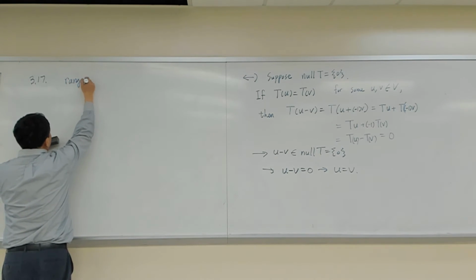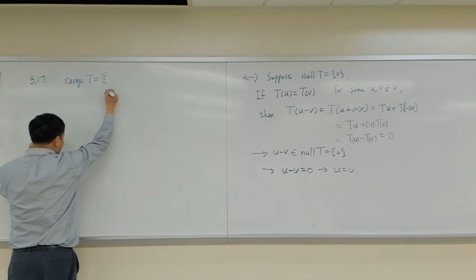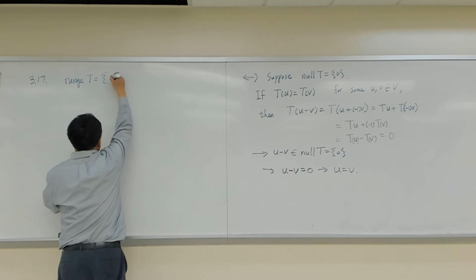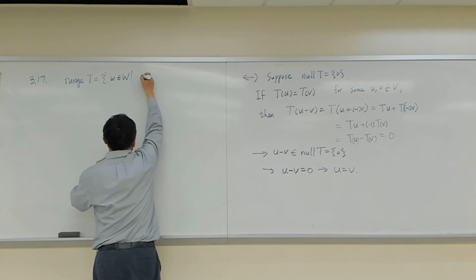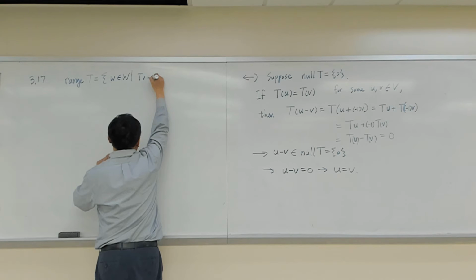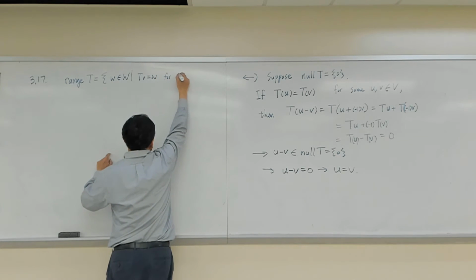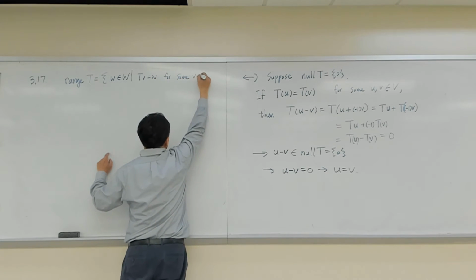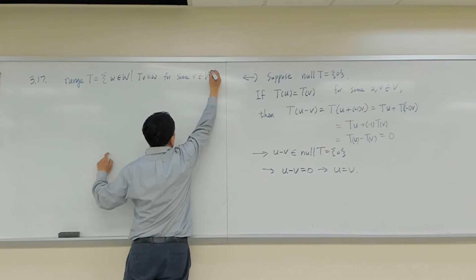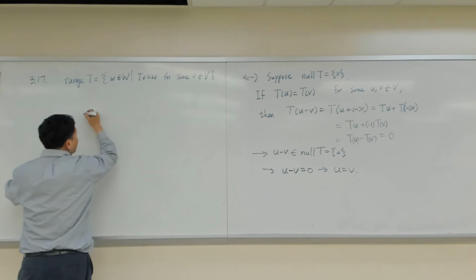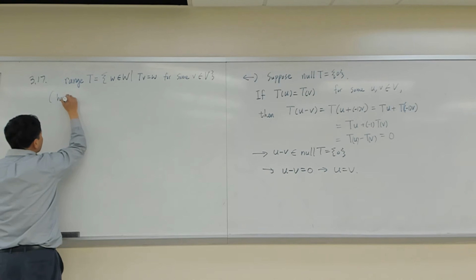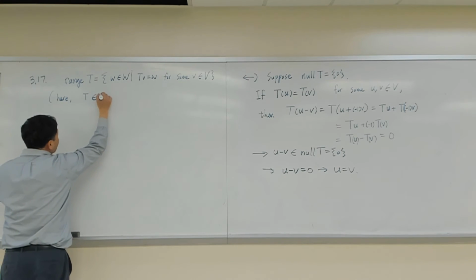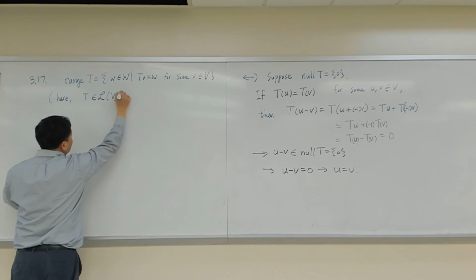Range of T. Well, these are vectors in the target space where T of v is equal to w for some v in V. And again, we're assuming here T is a linear map from V to W, okay?